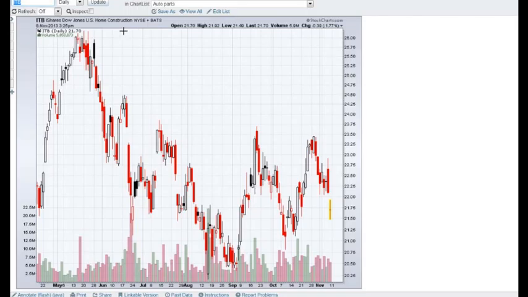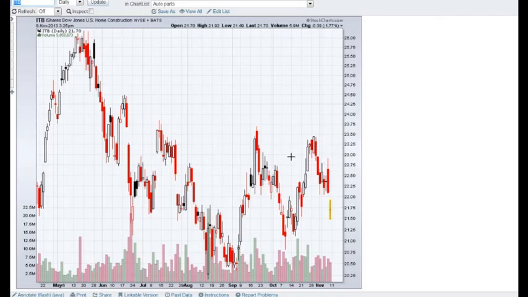Look at this chart. This chart has a lot of similarities to gold, a lot of similarities to precious metals. Right now, there's no major move going on. There's some really good support just south of here around 21, 21.25, and some pretty hefty resistance up here around 23.